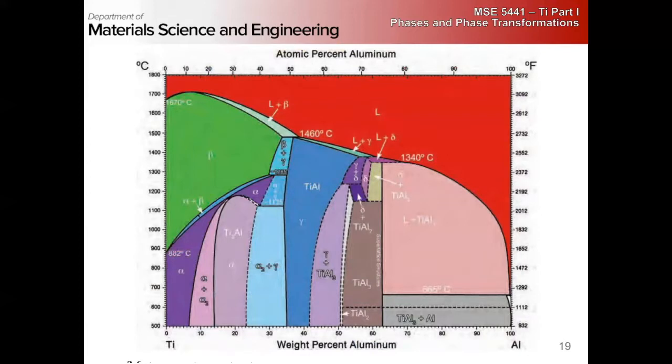And we can see, adding aluminum, you get a wealth of intermetallic phases, titanium aluminides, that really complicate things, right? So most of the systems of interest get really, really complicated really quickly.